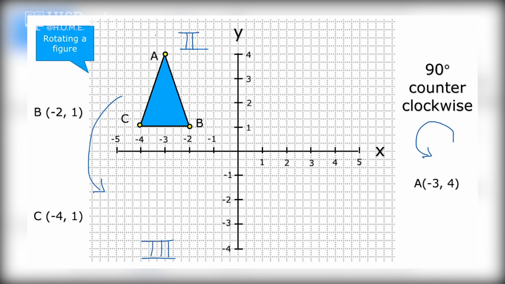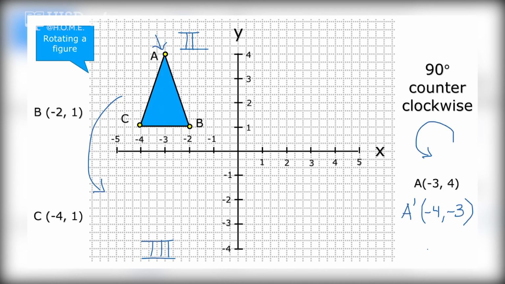So now let's start with point A right here. The coordinates is negative 3 and 4, and this is gonna be changing to our new point, which is gonna be on negative 4 and negative 3.